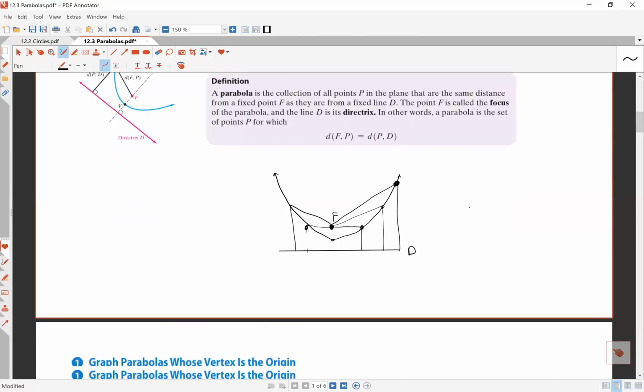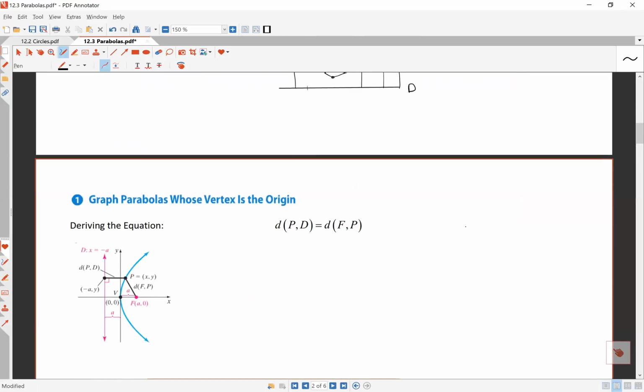So remember, we've got the distance formula. The distance formula is the square root of x2 minus x1 squared plus y2 minus y1 squared. So we're going to take the distance between the point P on the graph and the directrix D. The directrix D has this point negative a, y on it because the point P is at x, y, and it has this point negative a, 0 on it.